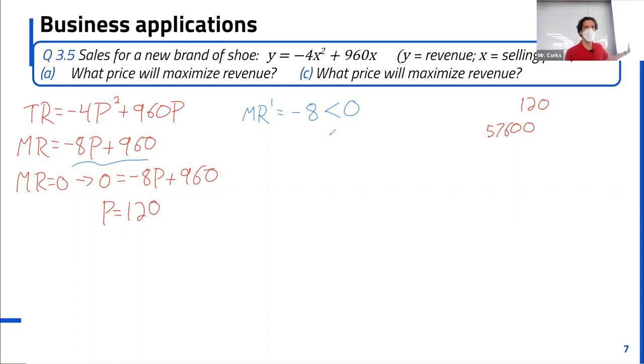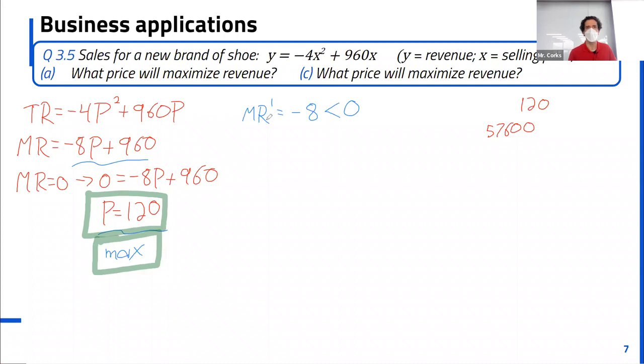So we are sort of curving down, concave down at that point, which means that yes, this must be a maximum point. Okay, so that was A, to find this point here, and part B was to confirm that it is a maximum.